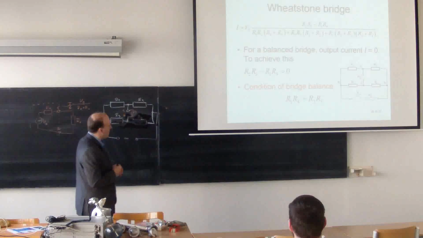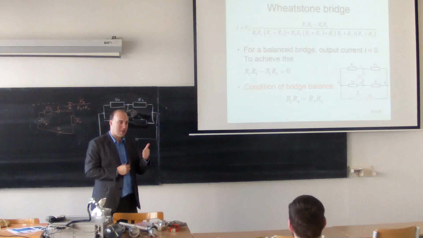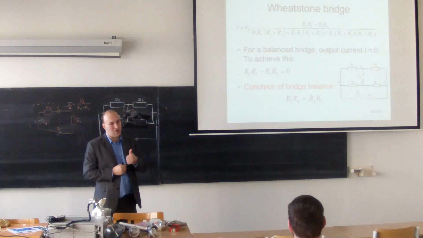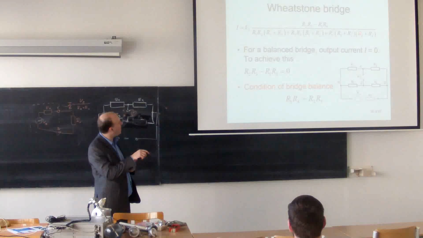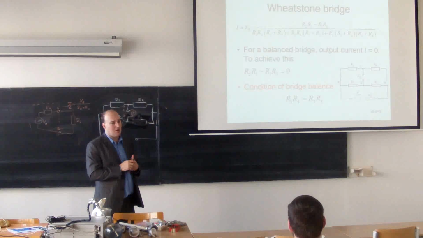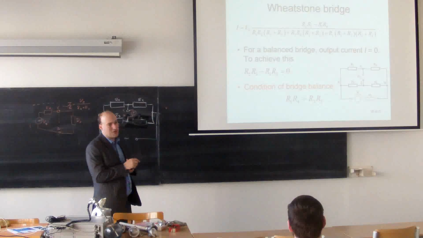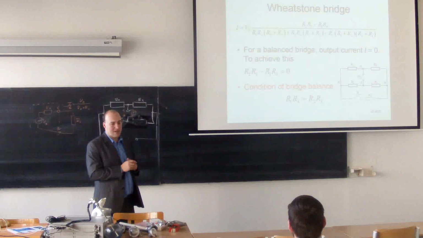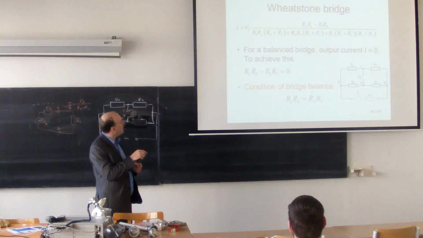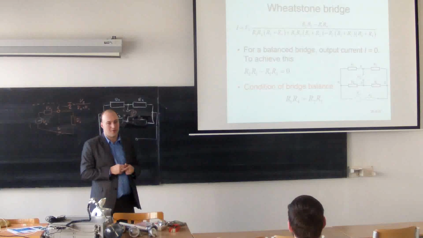And if I balance the bridge, I want current 0. So when will this part be 0? Either if V0 is 0, then it doesn't make any sense to have a bridge. Or if this part is 0.